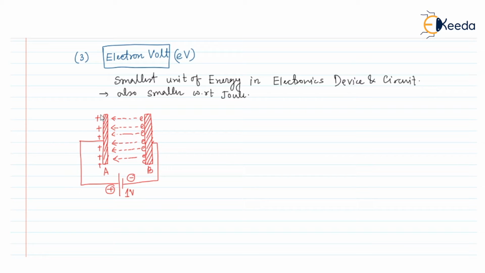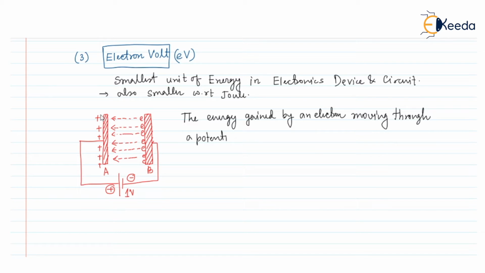What is that unit? The unit is the energy required or gained by an electron moving through the potential of 1 volt.